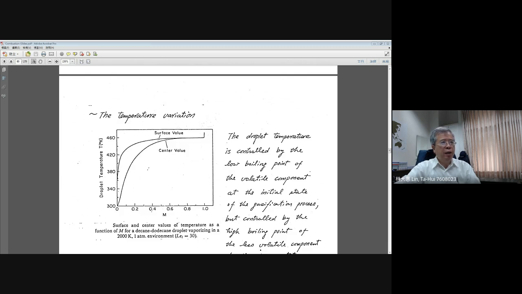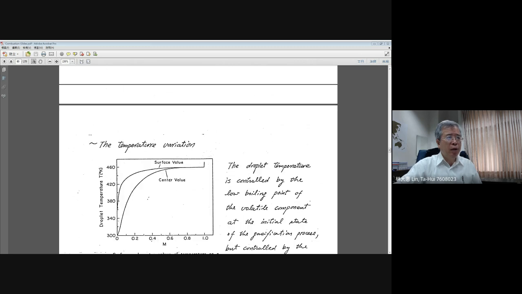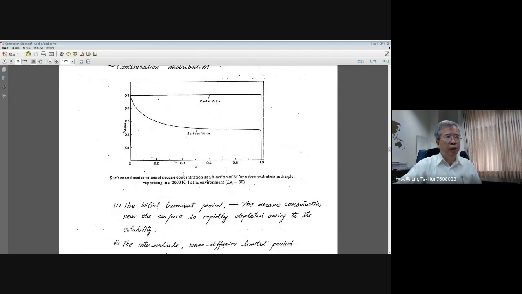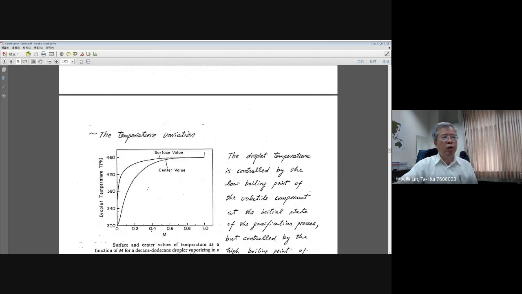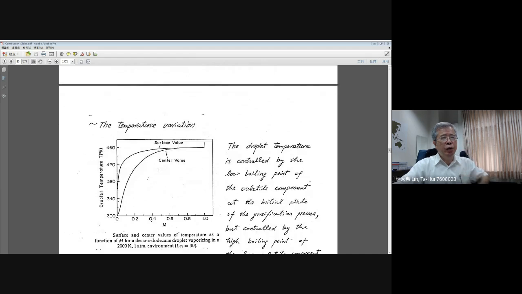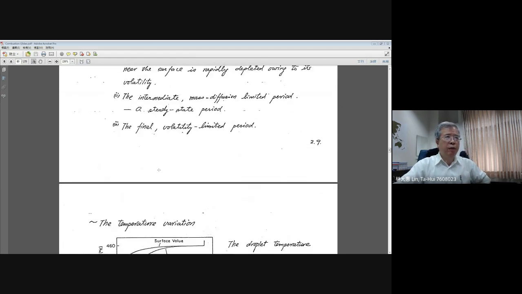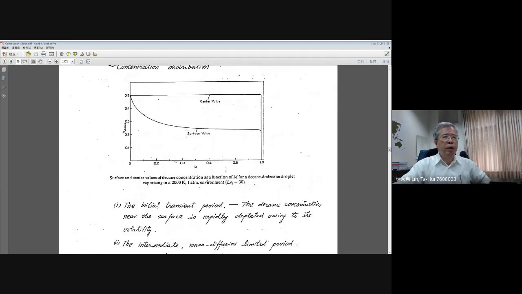Then you will see the surface temperature is almost the same as the center temperature. They tell you in these periods from 0 to m equal to 0.5, there exists a big concentration difference for a given fuel, but for temperature across the whole droplet, there is almost no difference. And this tells you the big difference for the mass diffusion: mass diffusion is very weak compared with the thermal diffusion.